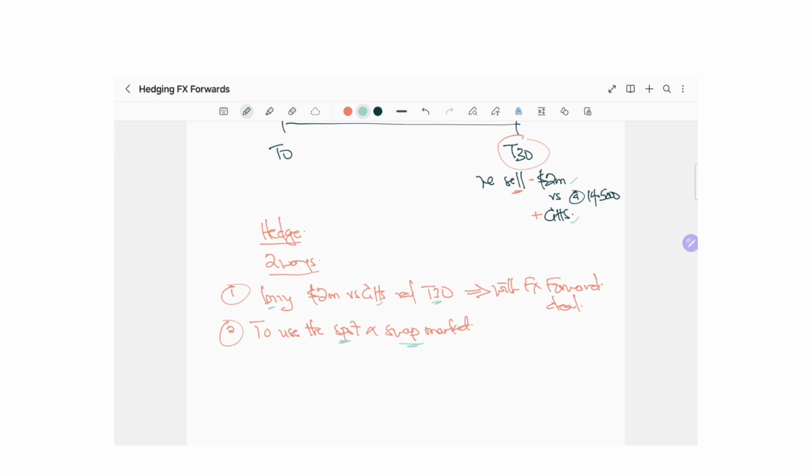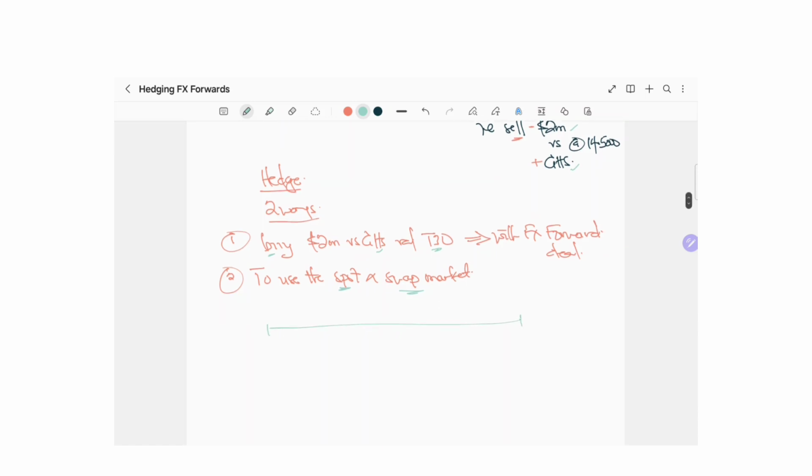Now we'll represent that here. We call the spot, T30, we call it forward. Now the forward deal we are doing is to sell 2 million versus Ghana cedis.